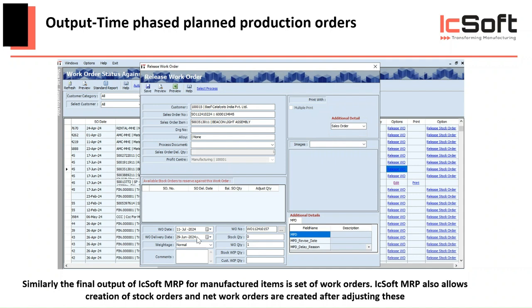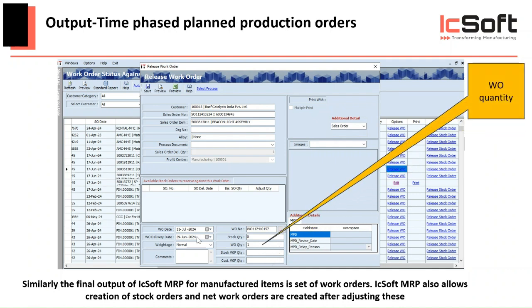And there is another interesting concept in IcSoft, which is stock orders. Sometimes, if there is idle capacity, the shop floor managers may want to utilize that by creating some stock orders using the available material. However, when the sales order comes in, we don't want to produce extra, and these stock orders have to be adjusted against the requirement.